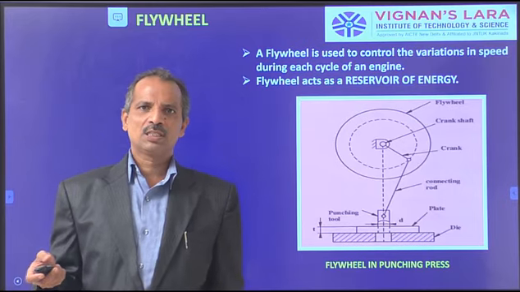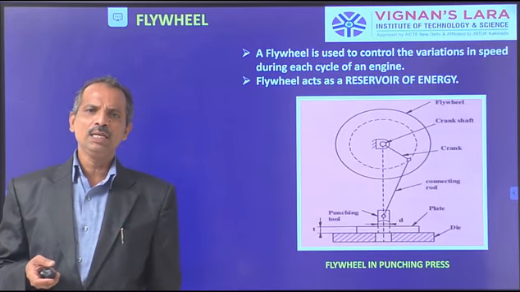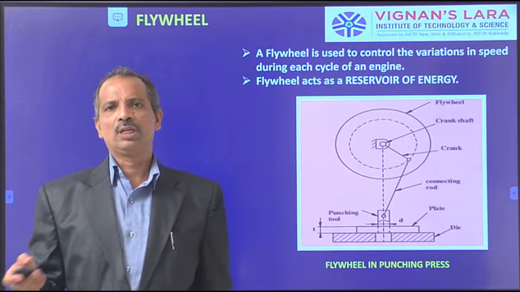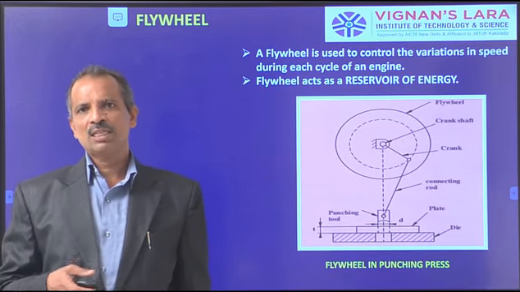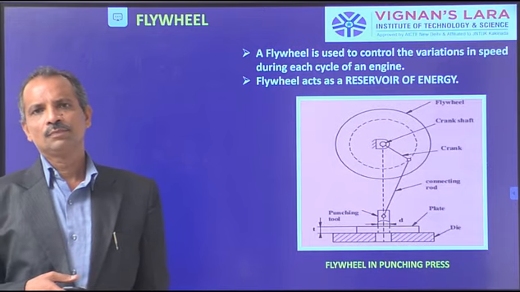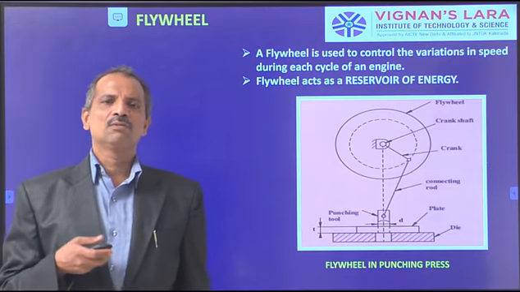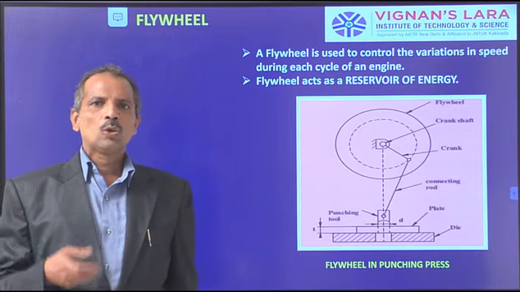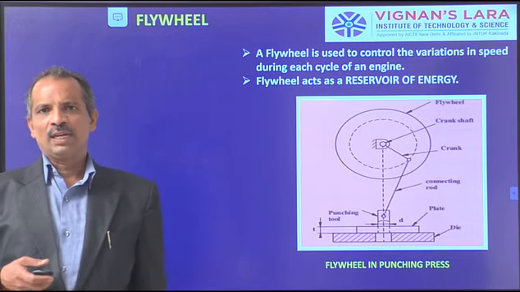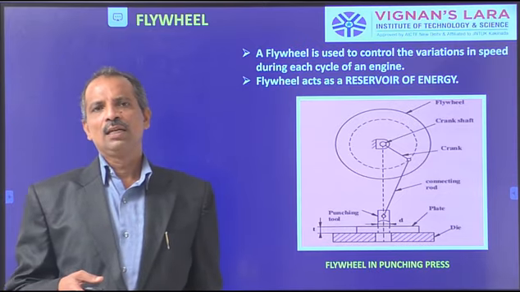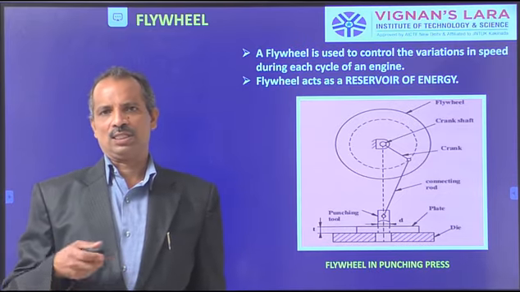Under normal circumstances, when you have excess money, you put it in a deposit, and whenever you require, you take that money. Similar way, here we have a device called flywheel, which stores the energy when it has more energy, and which provides the energy when it needs the energy.